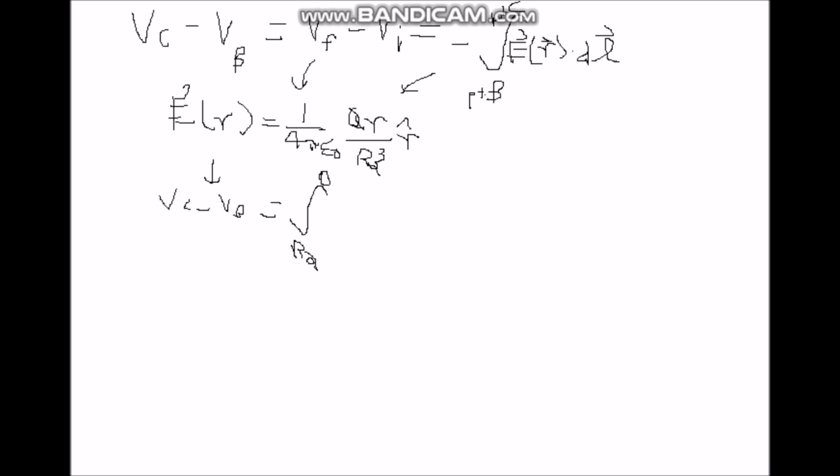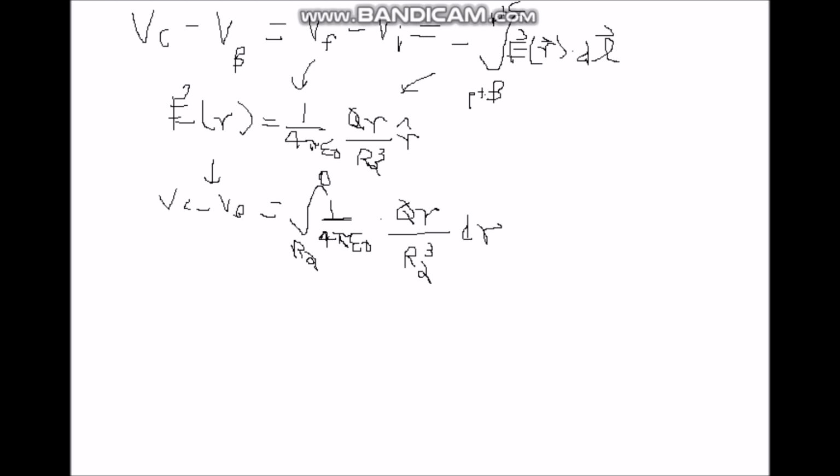So r goes from R2 to 0, and we're going to plug in our E. So we have 1 over 4 pi epsilon naught times, again from above, Q r over R2 cubed, and our differential is dr.